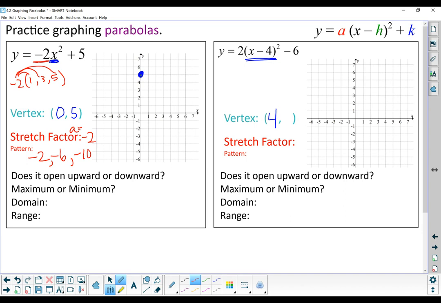So if we want to graph our U shape, we need to go down 2 over 1, and then down 6 over 1. So that's like the right side of the parabola, and now we go down 2, back 1, down 6, back 1 to get the other side.